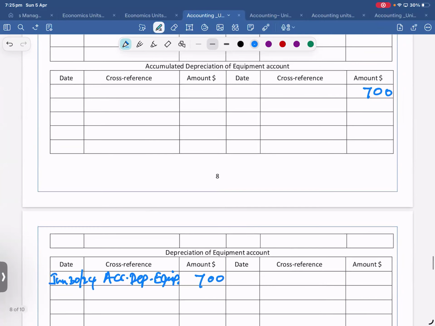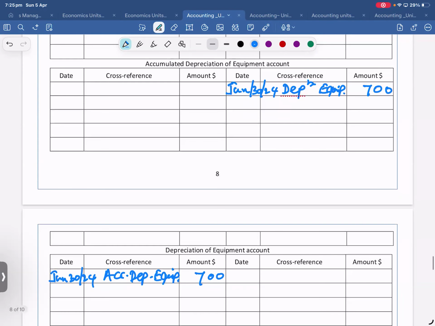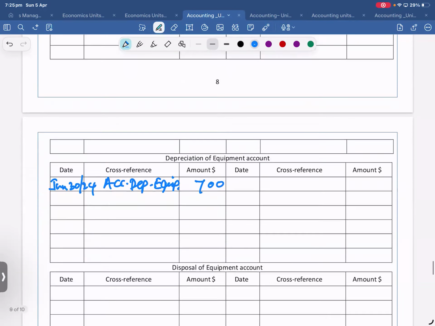What's the date? June 30th, 24, yes. Depreciation expense or depreciation of equipment, okay? Then what do we do with the depreciation, guys?